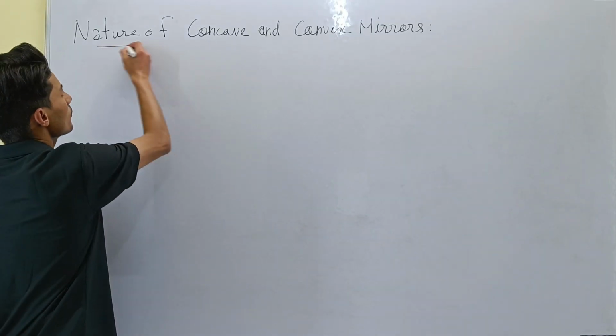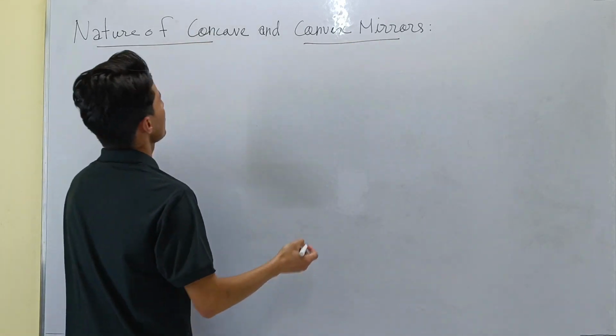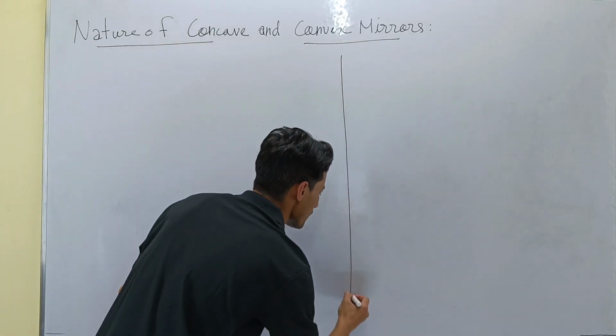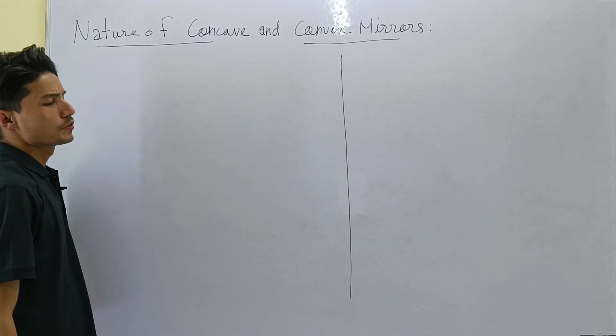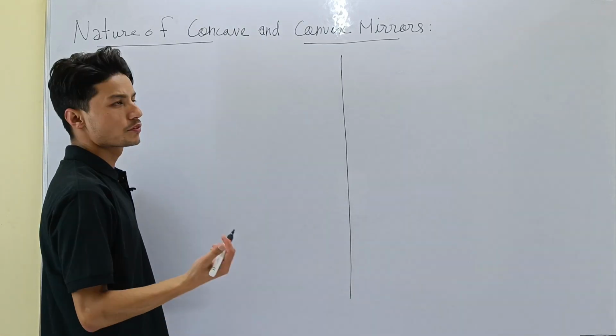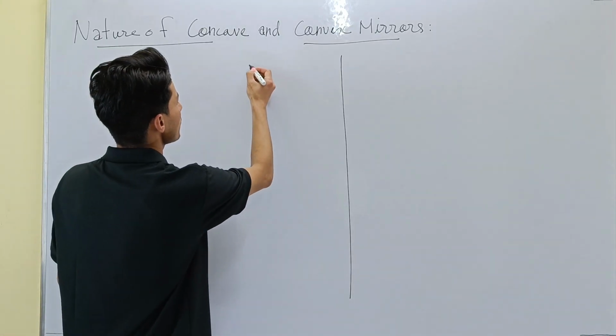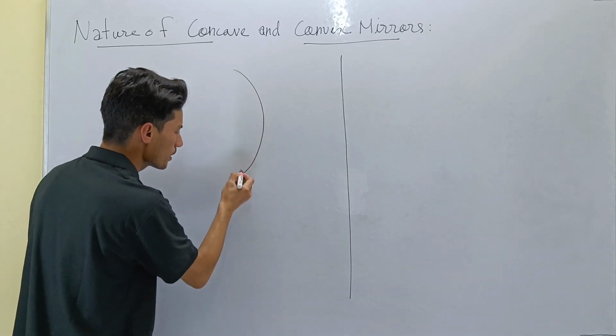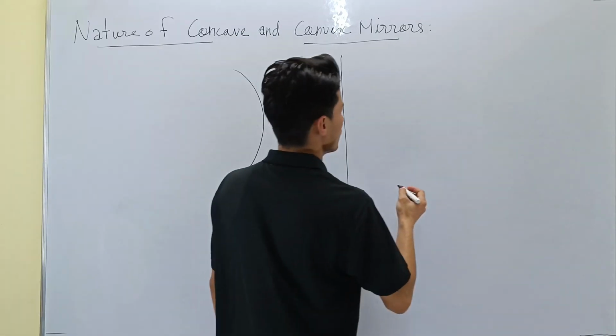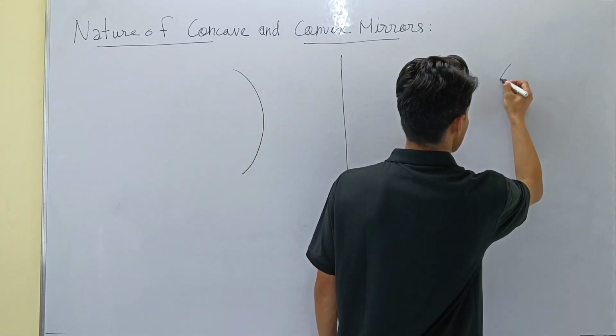So nature of concave and convex mirror. Let us study them side by side. We will have to draw a ray diagram. We'll have to draw both the mirrors. So let us draw a concave mirror here, and side by side let us draw a convex mirror here.